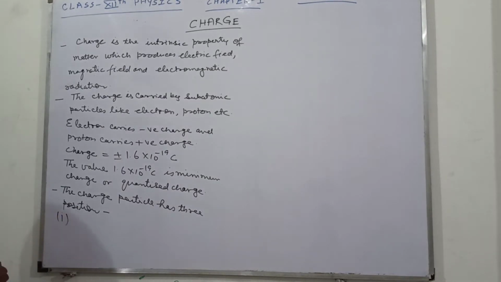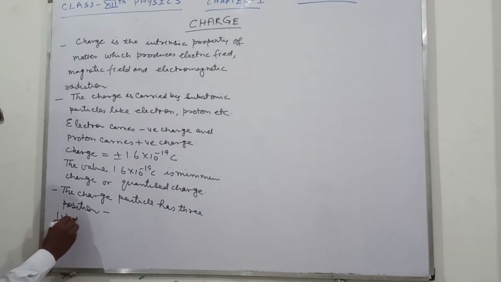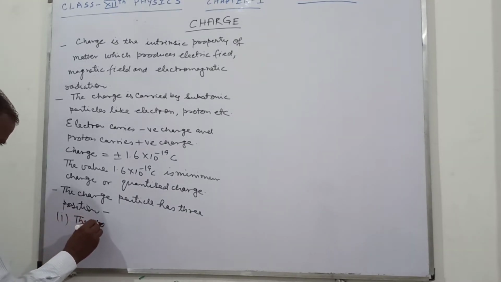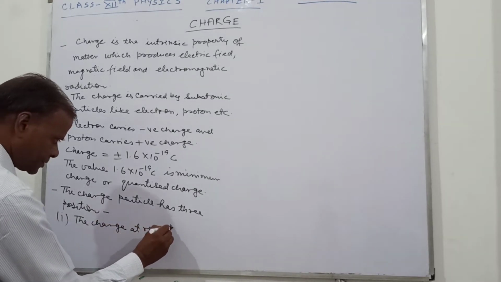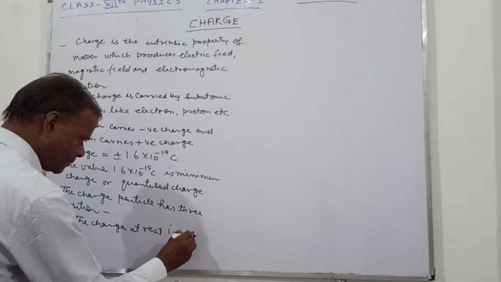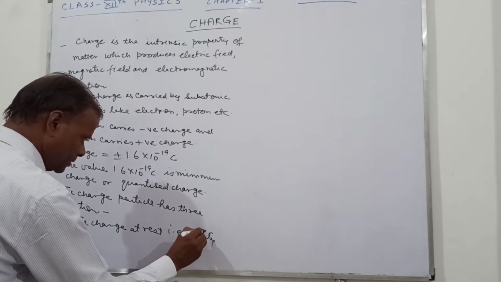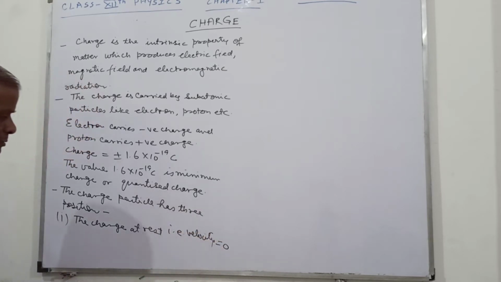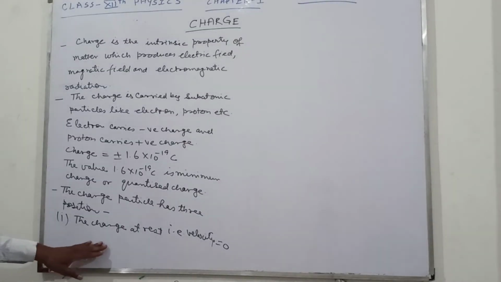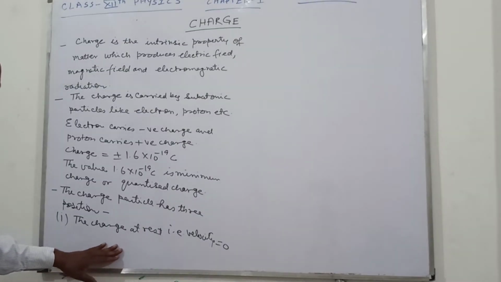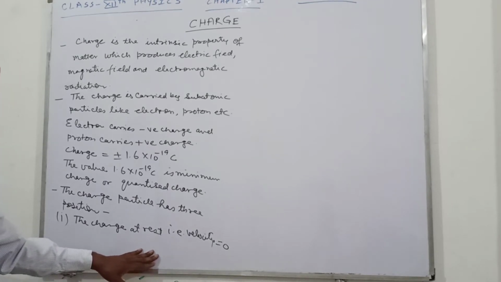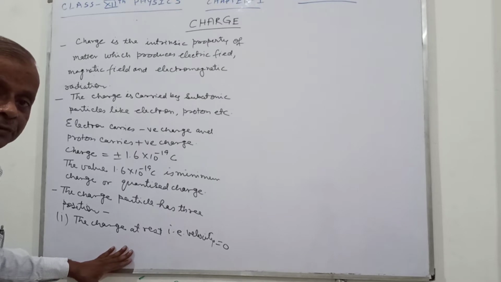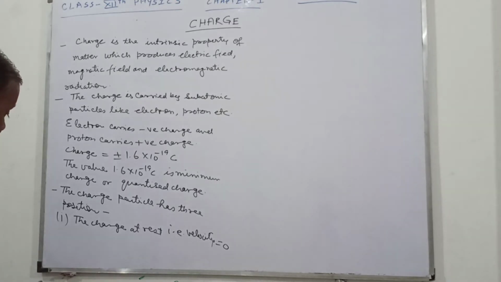Number one, the charge at rest. It means that velocity is equal to 0. So this is not moving at all. When the charge is at rest, this is called the static position of the charge. In this case, this produces only the electric field.